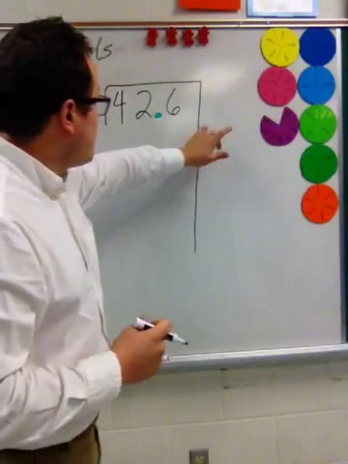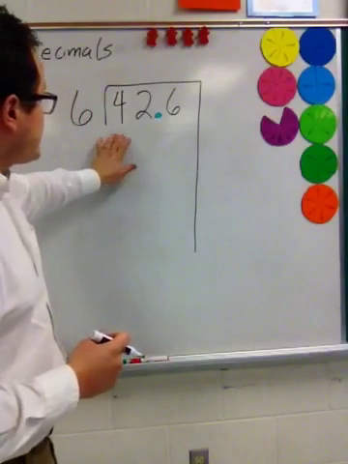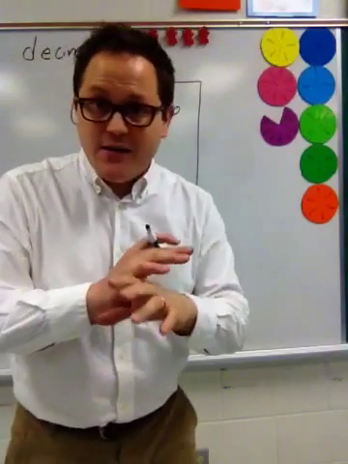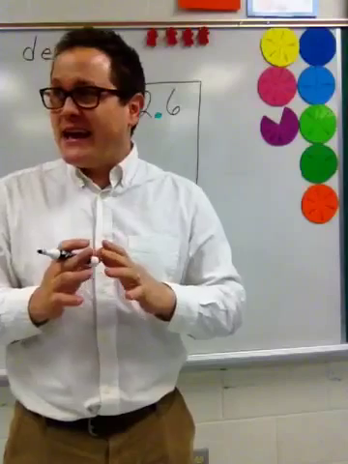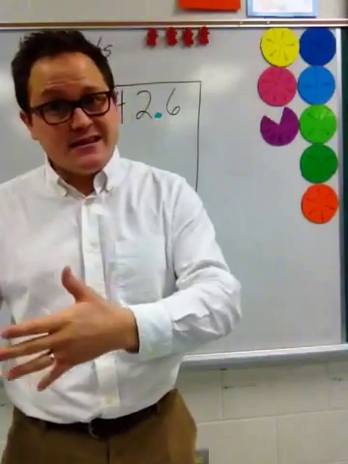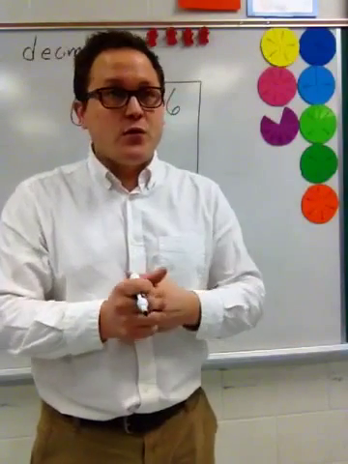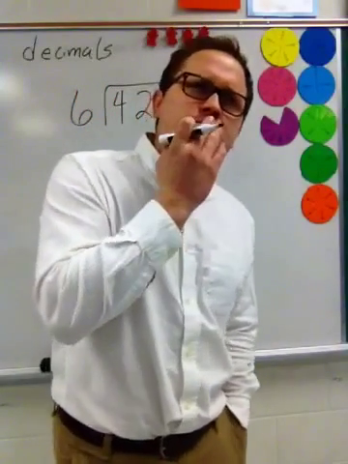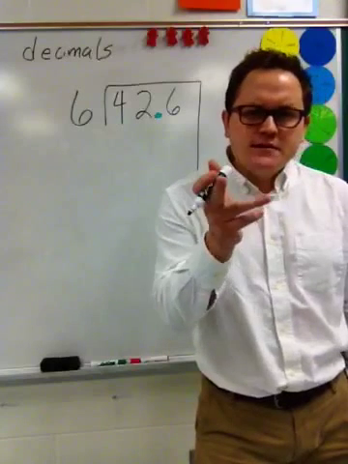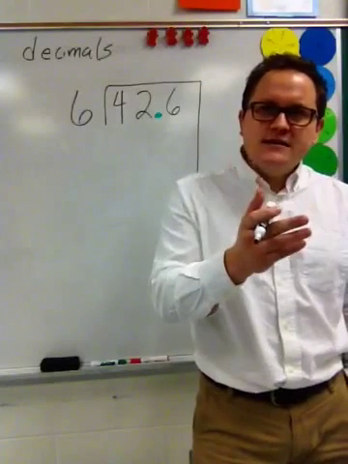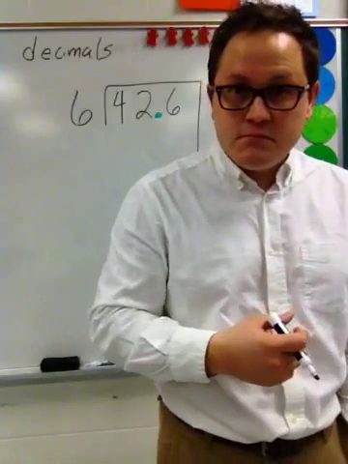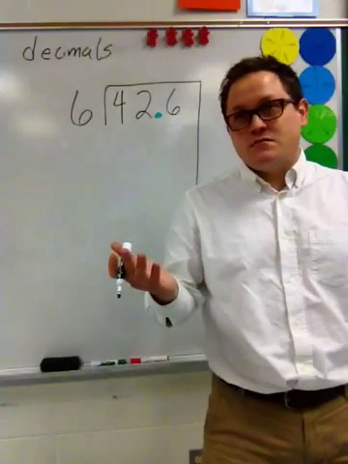We're just going to go with it. 6 times what is going to give me something close to 426? Well, wait a minute. Mr. V, I have not memorized any multiplication fact 6 times something that is 426. You have lost your mind. Well, let's think about something. 6 times 5 is 30.